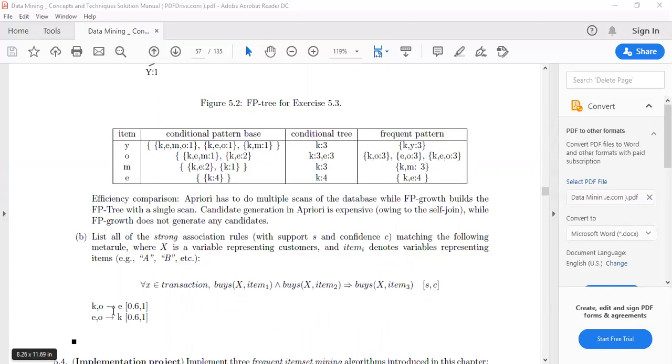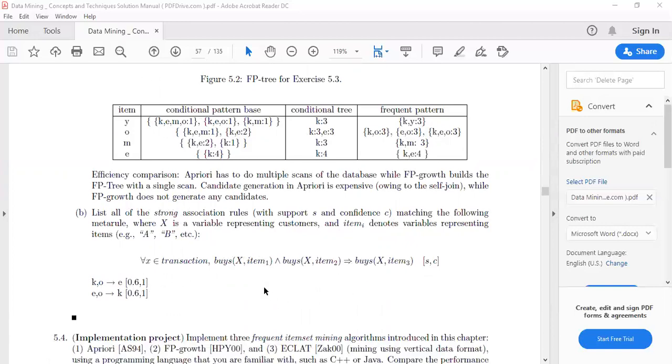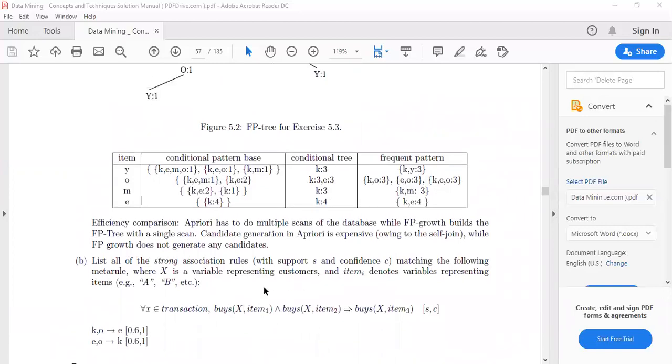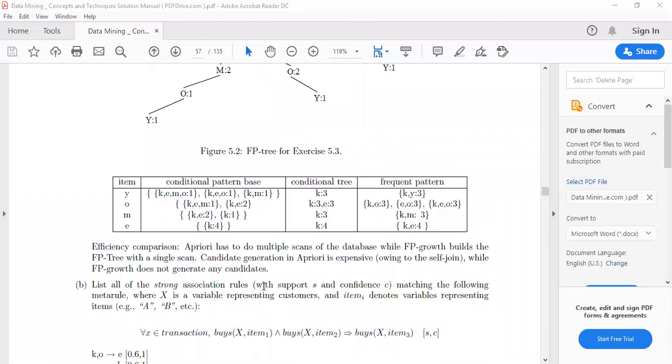That's what we are telling. The 3 items are K, O and E. The value we are getting as a support count is 6, 0, 6, 1. So it is matching this rule. So we are saying it is an association rule framed in the given database.